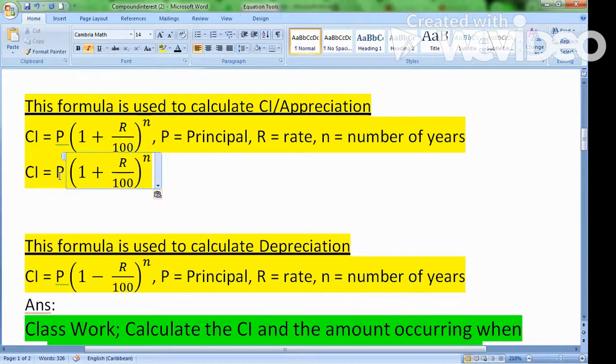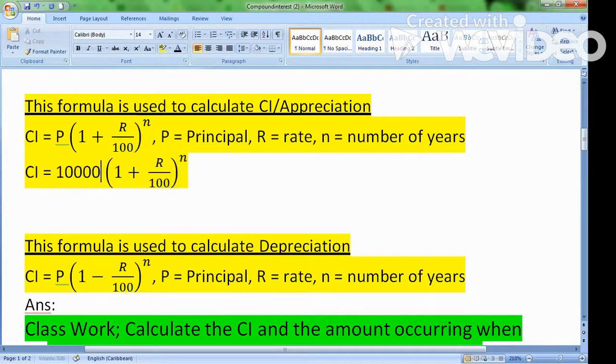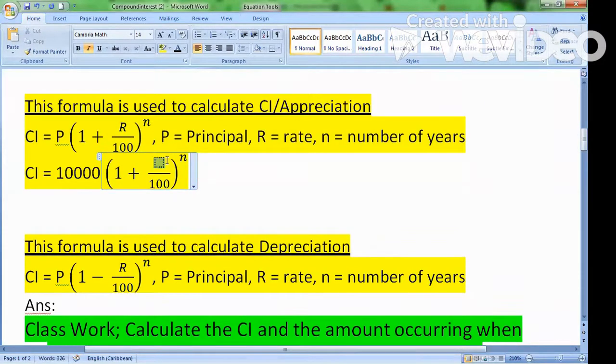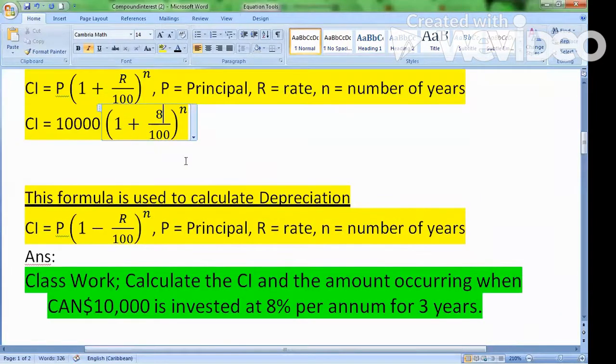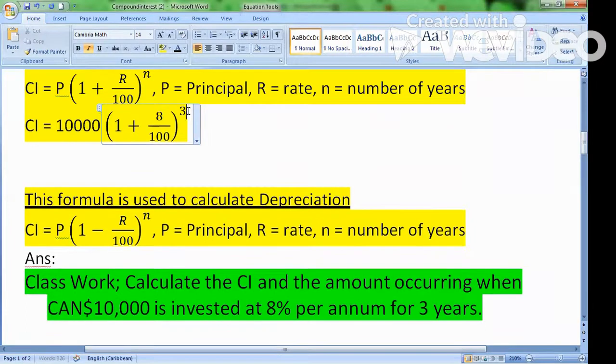All right, let us check your answers. I'm going to use this formula. So the principal is 10,000. All right, and the rate is how much? 8. Yes, sir. And it's 3 years. All right.